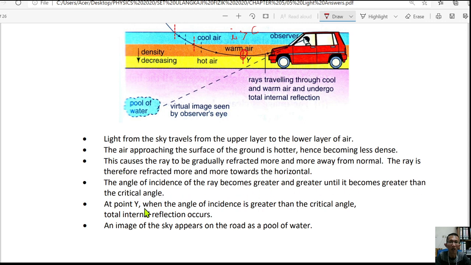So at point Y, the angle of incidence is greater than the critical angle, then we have total internal reflection. Then you will see the image of the sky appear on the road as a pool of water.